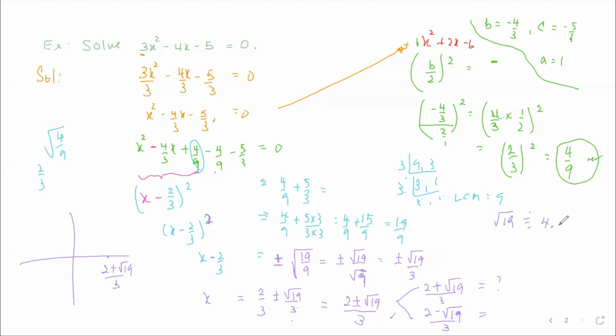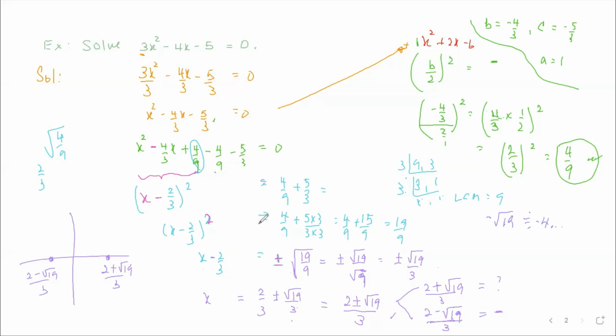So 2 minus that comes out as a negative sign, so the whole thing should be on the left hand side somewhere. So it becomes 2 minus square root 19 over 3. The root should be somewhere around here.